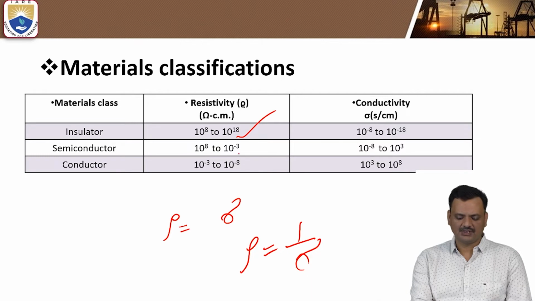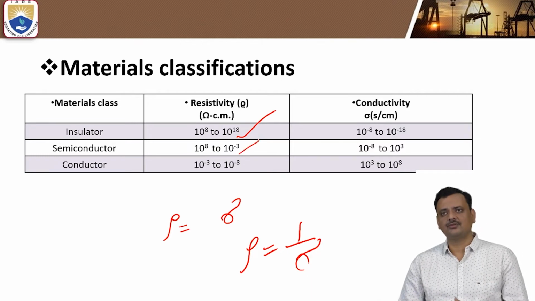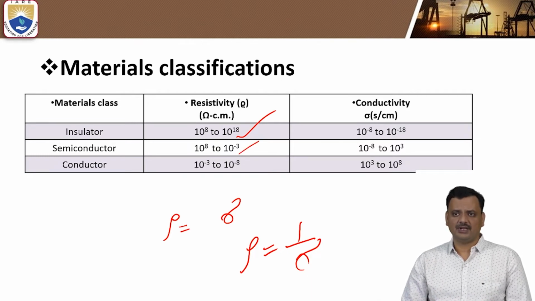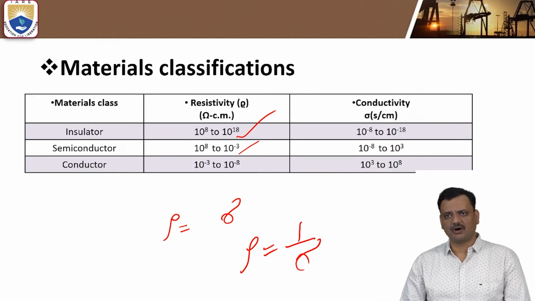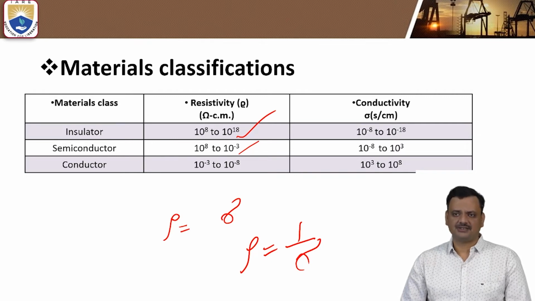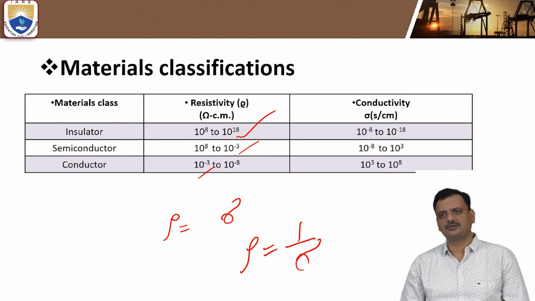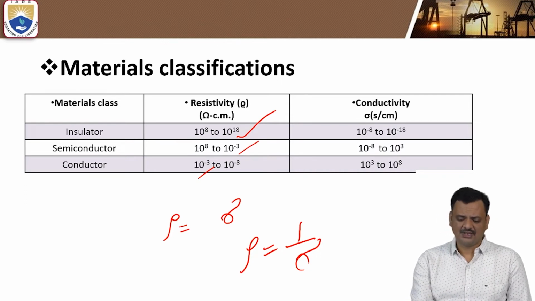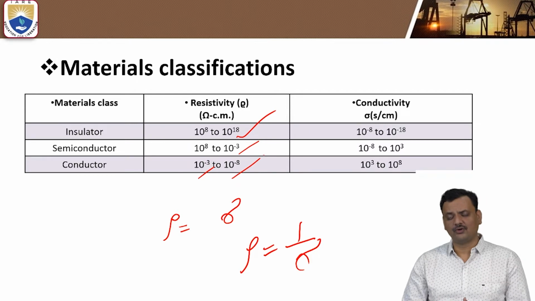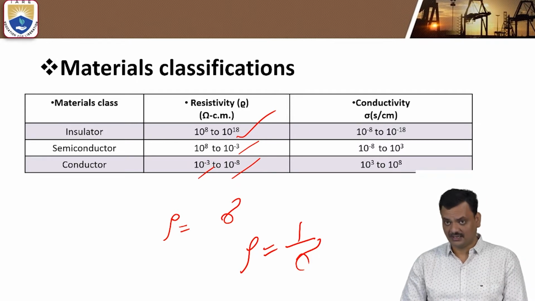But in the case of a semiconductor, its value lies between 10 to the power 8 and 10 to the power minus 3 ohm centimeter, and in the case of a conductor, the resistivity value lies between 10 to the power minus 3 and 10 to the power minus 8. It means resistivity becomes too low in the case of a conductor.